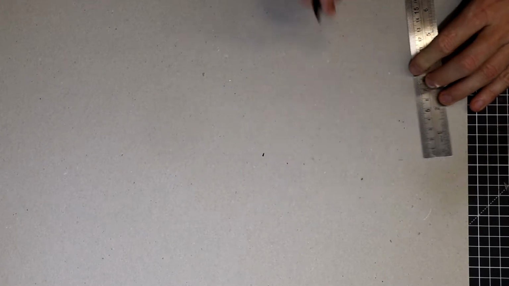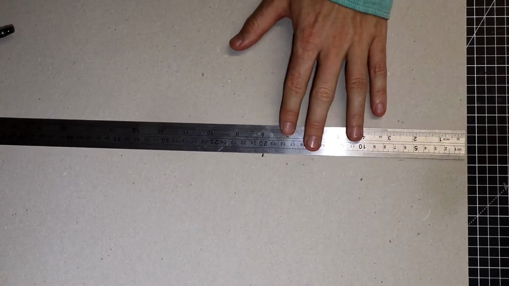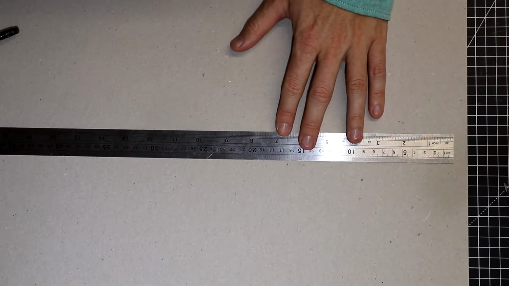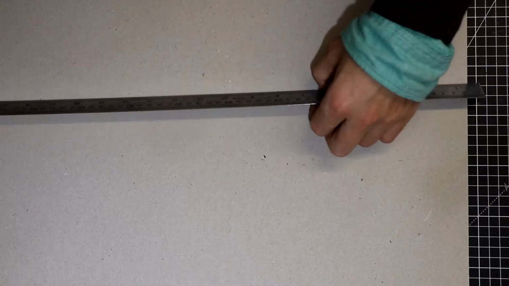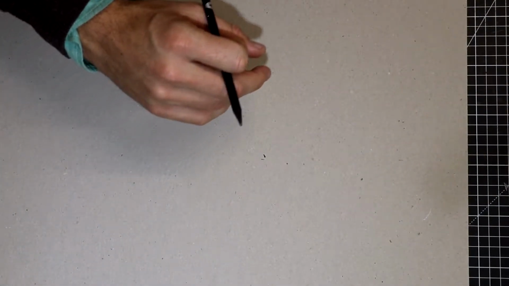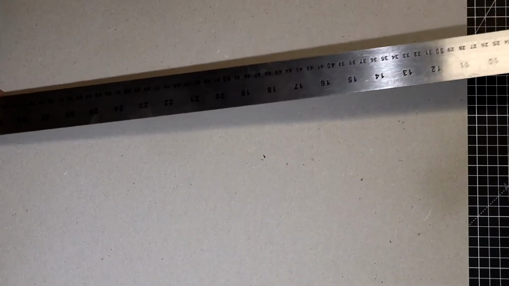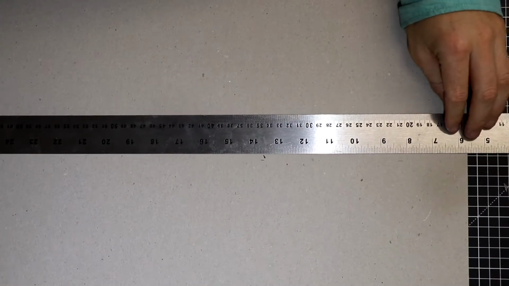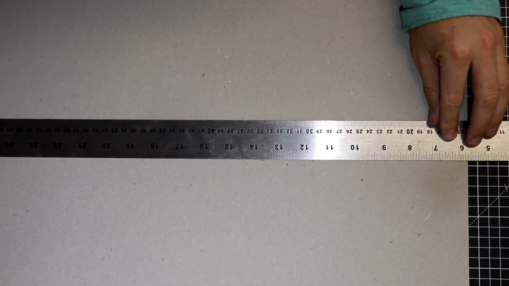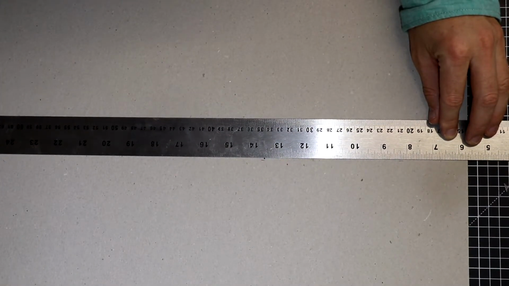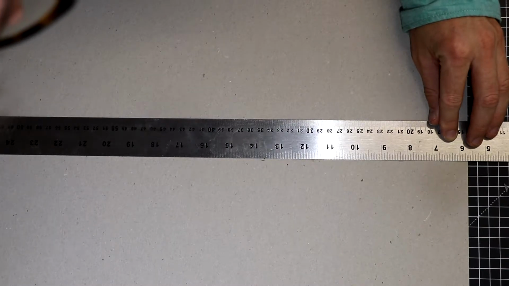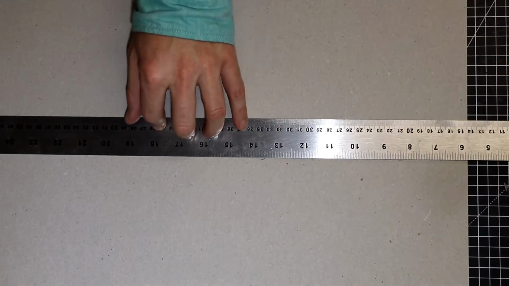It's a bigger piece of material, so physically got to move over here. Ruler is not long enough either, so bring out the big guns. Line those up.